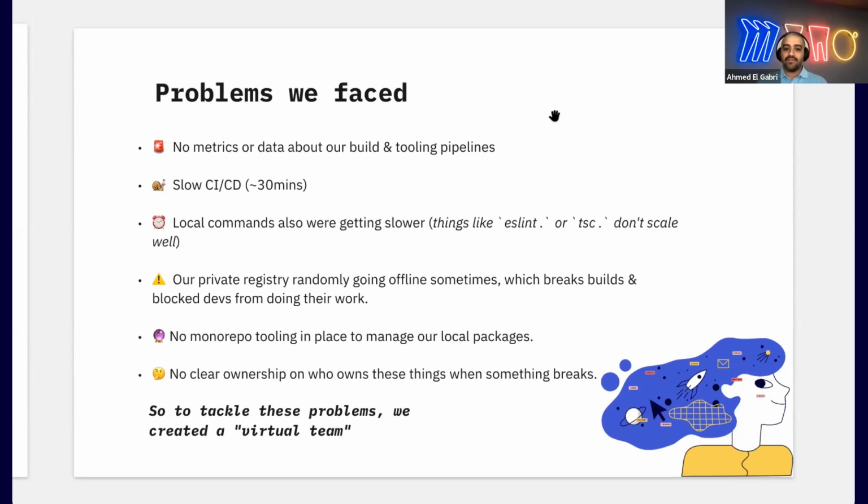Local commands also were getting slower. Things like ESLint dot or TSC dot don't scale very well when you have more engineers and lots of lines of code. These can work in smaller code bases, but when you have hundreds of thousands of lines of code, it's really, really expensive. Right now, one of our bottlenecks is actually TypeScript, and also doing type linting, which is ESLint using TypeScript to do linting.